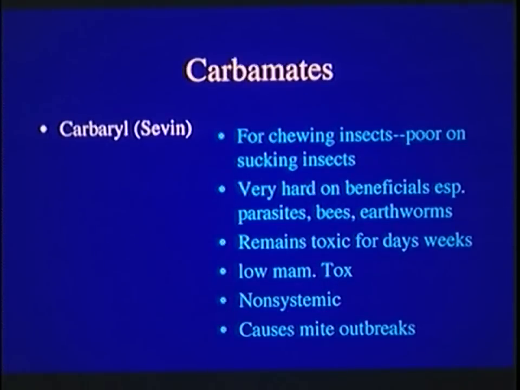It doesn't work on sucking insects, even though the labels say sucking insects, and that's one of the things about the label. We always say read the label, but when we say read the label, what we mean is read the label for information on disposal and safety equipment. The companies tend to put every insect they can think of on the label. They don't have to prove efficacy, and often the insects that are listed on the label, the material really isn't very effective for.